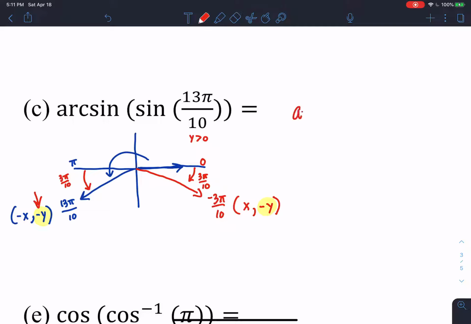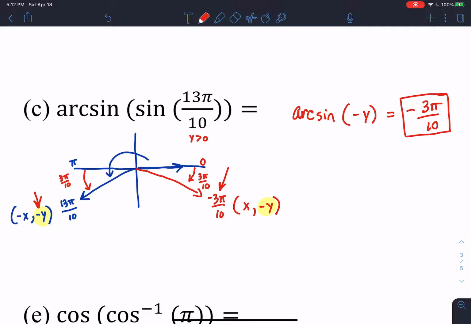So you can say arc sine of some y value. It's a ratio. Where does sine have that same y value or same ratio between negative pi over 2 and pi over 2? That's this angle here, because it has the same reference angle. So my answer to this is negative 3 pi over 10.